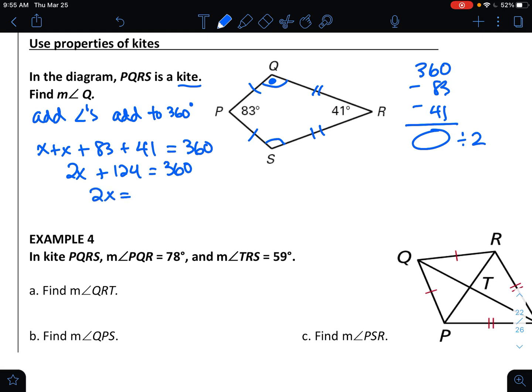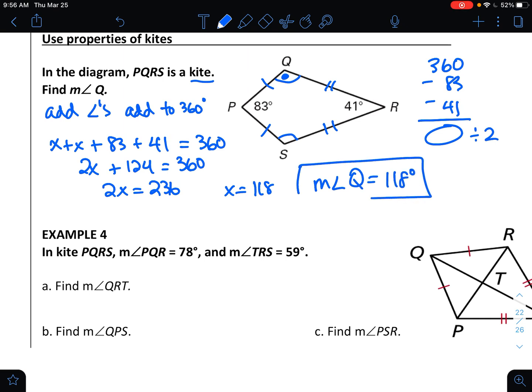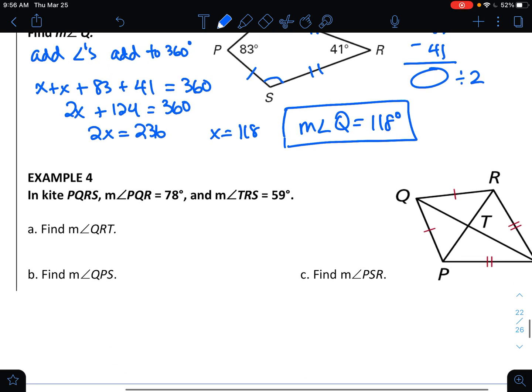If I take that away from 360, I get 236. And then divide by 2 gives me 118. So the measure of angle Q is 118 degrees. All right, so don't forget about that property on the 4-sided shapes.